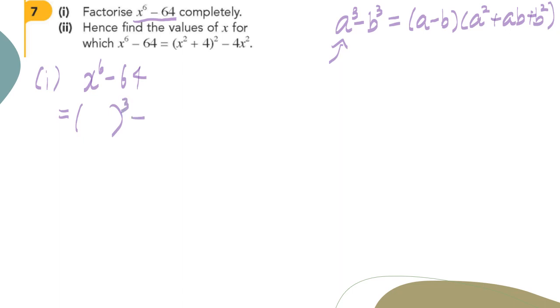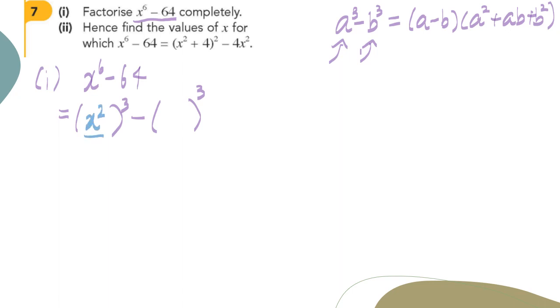Likewise for 64, we have to write it in terms of cube. Okay, it's very important to express whatever numbers or variables you're given in terms of cube, because the formula that we are dealing with here is called the difference of cubes, right? So what do I put in here?